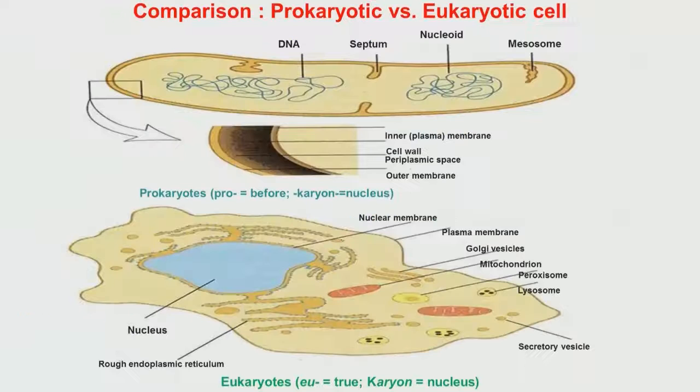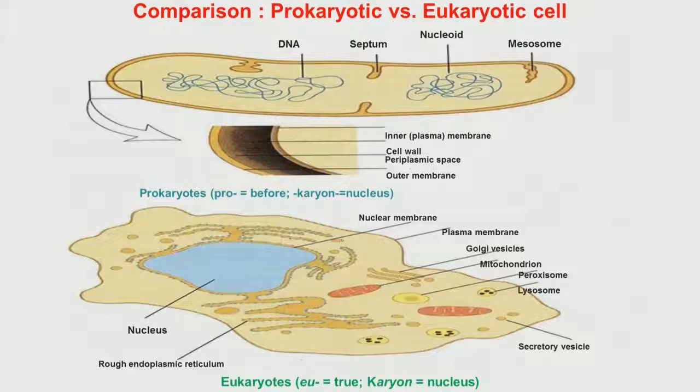Just to give you some difference between prokaryotic cells, where pro means before and karyon means nucleus, and eukaryotic cells. Prokaryotic cells have a less well developed cellular structure, whereas eukaryotic cells represent the most matured and well developed cellular structure.